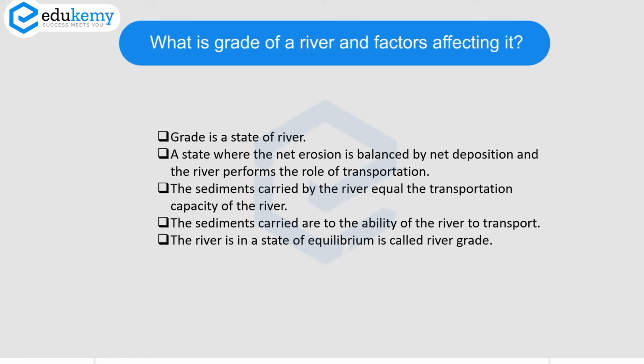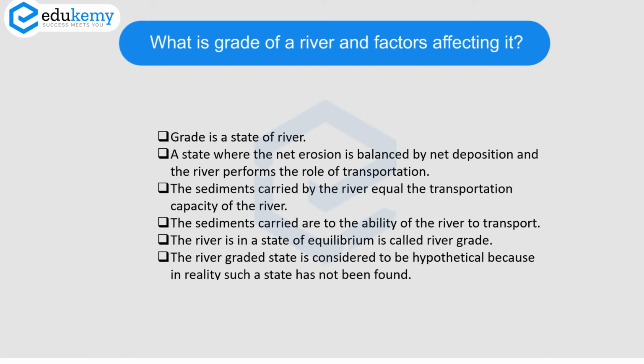Because in reality, such a state has not been found. It is a kind of mathematical possibility, a mathematical extrapolation. This idea was given by Gilbert and also used by Davis.